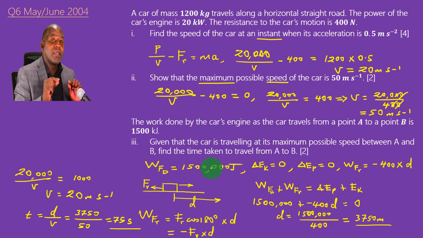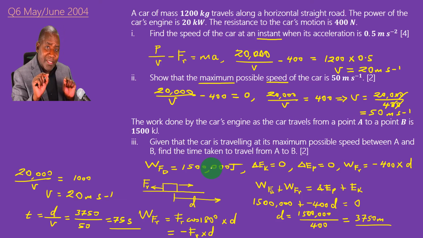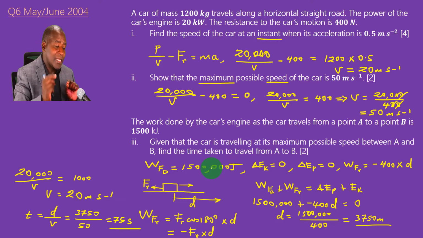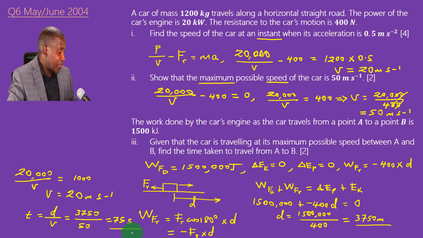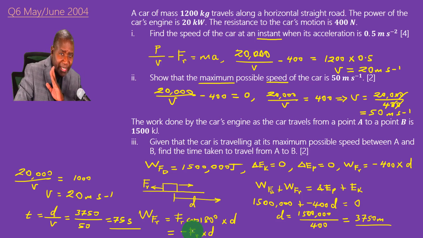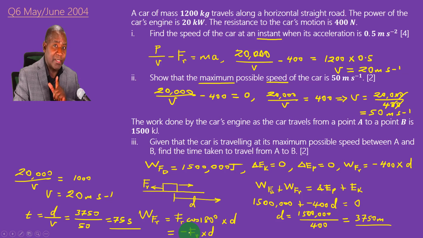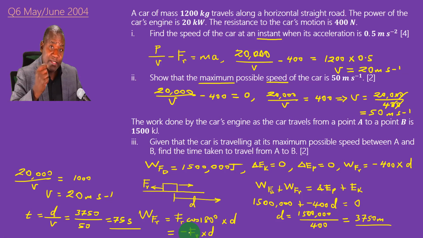And because the force and the distance covered are in opposite directions, we resolve the force in the direction of the distance by using cos 180 degrees, and that is what makes the work done by resistance carry a negative sign. However, we still maintain the wording work done by resistance in our calculation. The examiner will use the term work done by resistance. It makes no difference. It means the same thing.